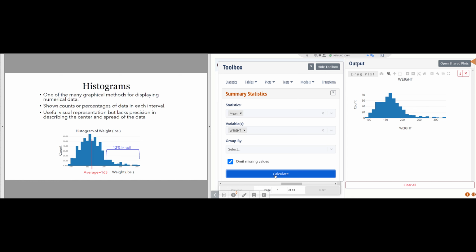When I hit calculate, I see the mean over here in my output area. And as indicated in the slide in the notes, the mean here is about 163 pounds. N here is the number of records, the number of people involved in the computation of this mean value. Okay.